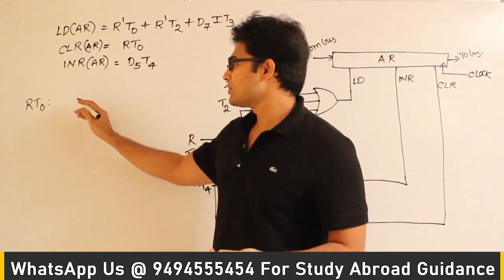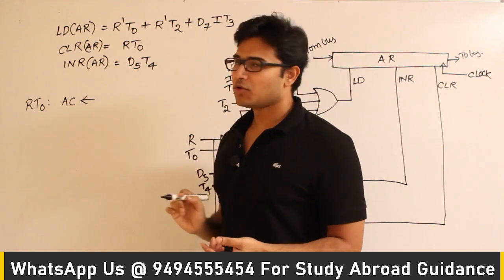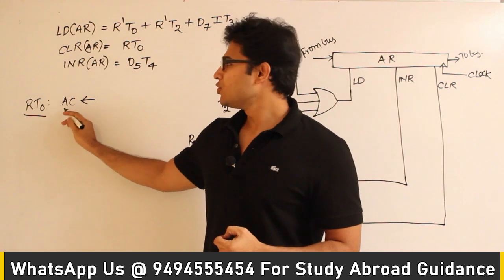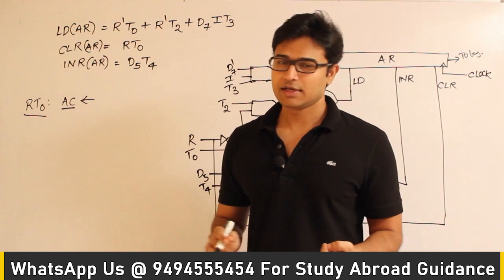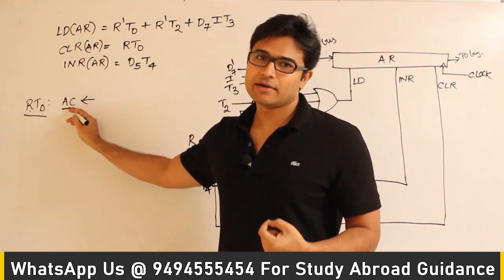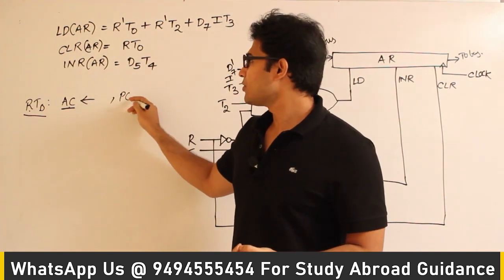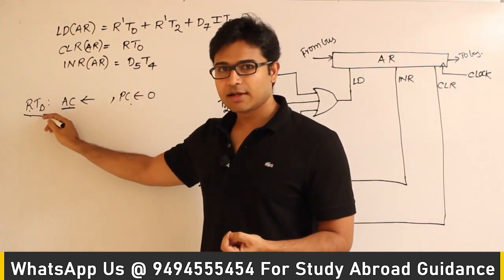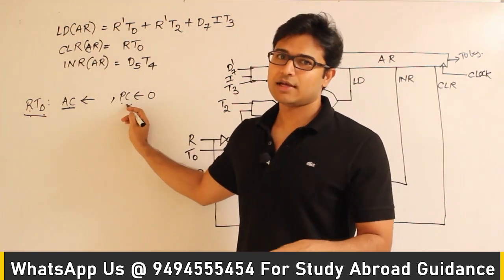For example, if you have written something like accumulator, something has to be loaded in this. It means that if this condition is met, the accumulator load input has to be enabled. Let us say if at the same time the program counter is cleared, then when this condition is met, the clear input of the program counter has to be enabled.